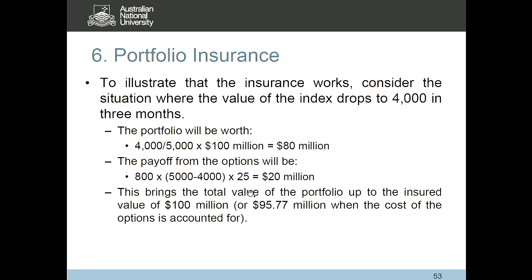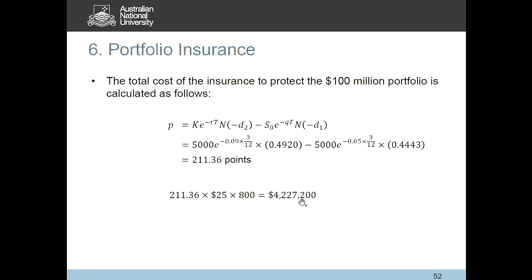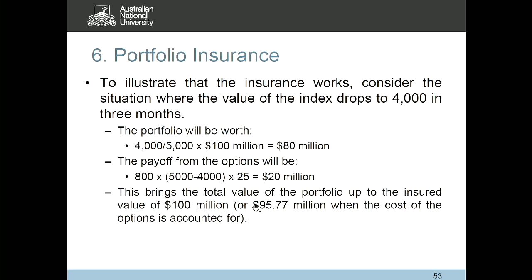So that gives us a gain of 20 million on the put option. So if you combine these two amounts, your portfolio sums up to 100 million. But you need to subtract the cost of setting up this insurance. What is the cost? The cost is 4.2 million, right? So 100 million minus 4.2 million, the net worth of your portfolio 3 months later is 95.8 million.